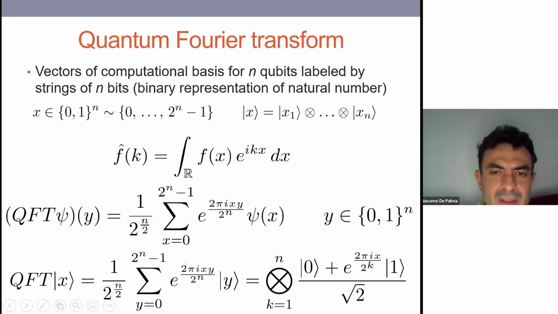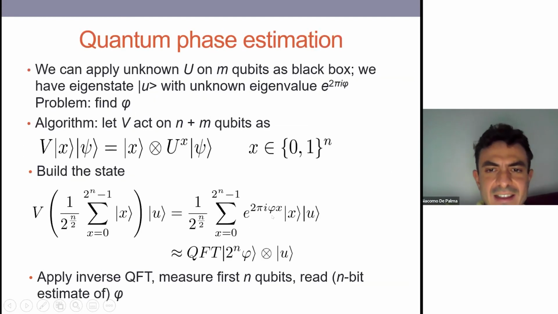And actually, if phi is an integer multiple of 1 over 2 to the n, this state that you see here is exactly the quantum Fourier transform applied to the state 2 to the n phi, which in this case becomes an integer, and then this can be thought of as a basis state of the n auxiliary qubits when the integer is expressed in binary form.